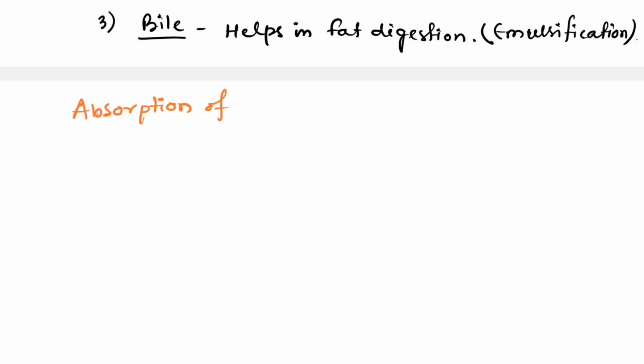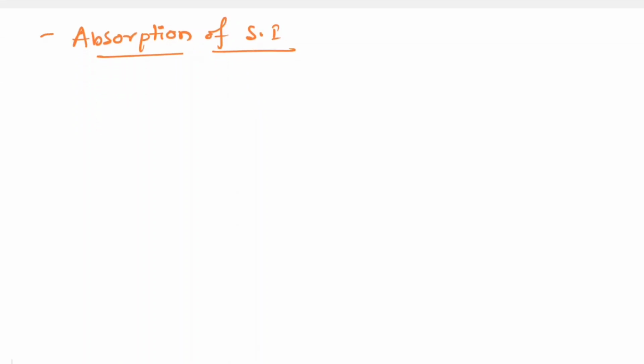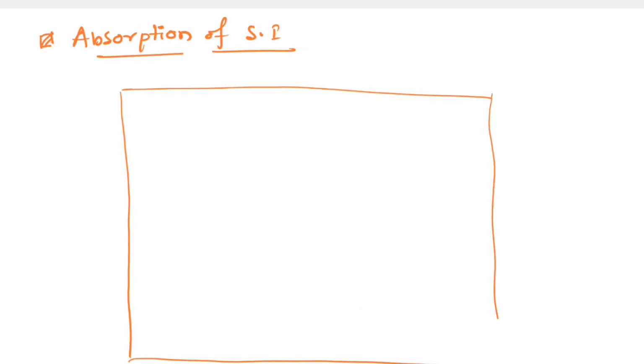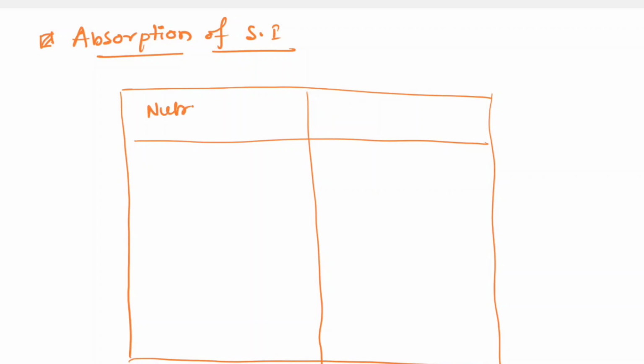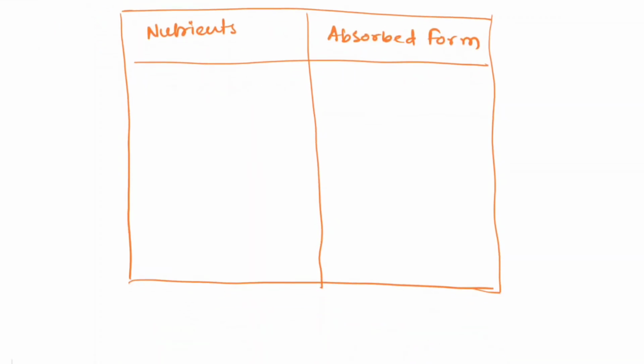Absorption in small intestine. Small intestine I am writing shortly as SI. In that we will make one column. Here in the first we can write nutrients, and here we can write absorbed forms. First one is carbohydrates.